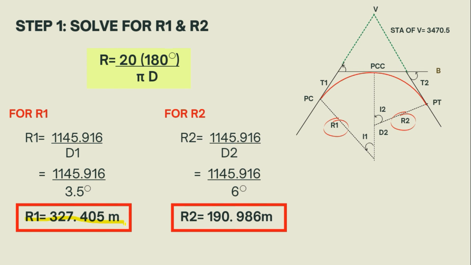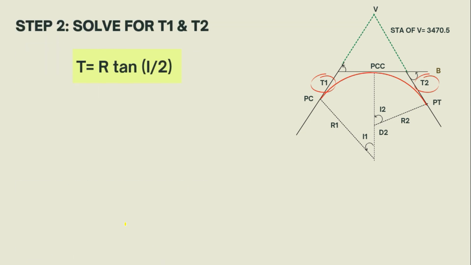And for R2, we have 190.986 meters. The next step we have to do is to solve for the length of the tangent distance of the first and the second curve. For us to solve T1, it has a formula of R1, the radius, times the tangent of the central angle over 2.